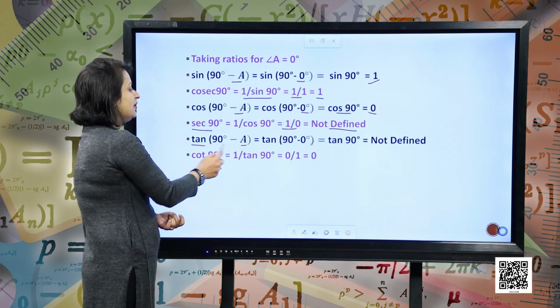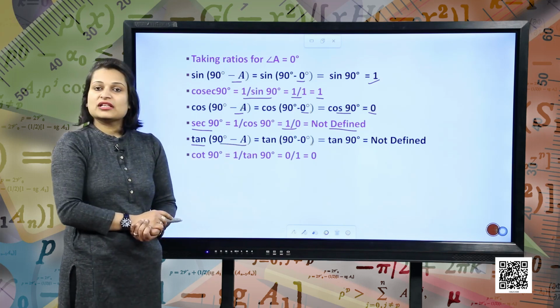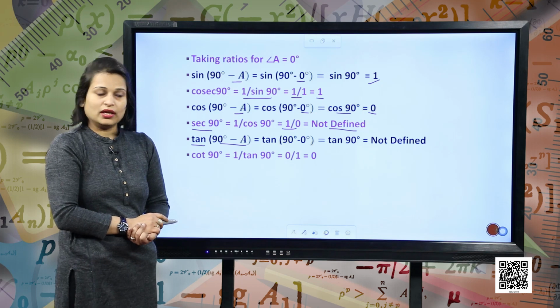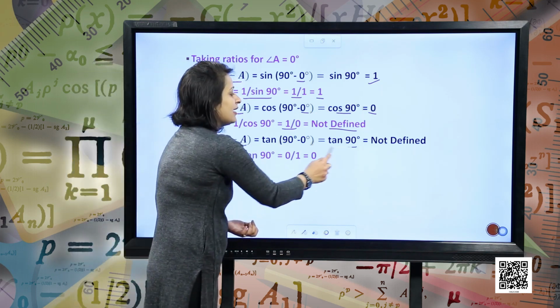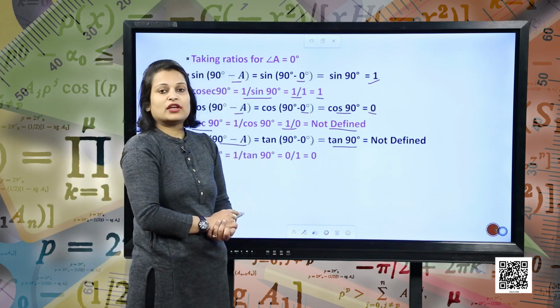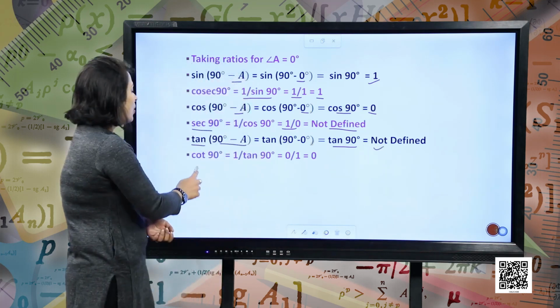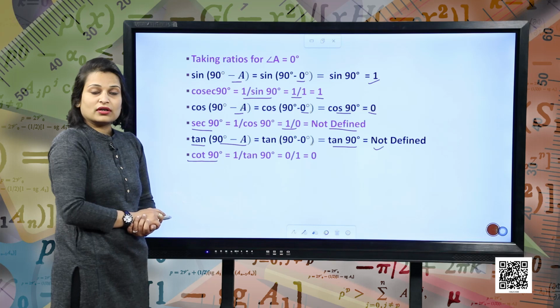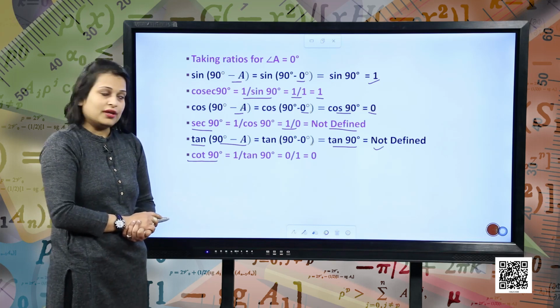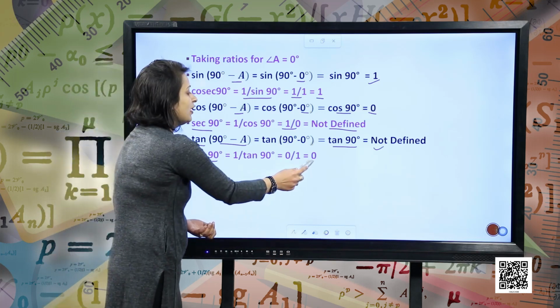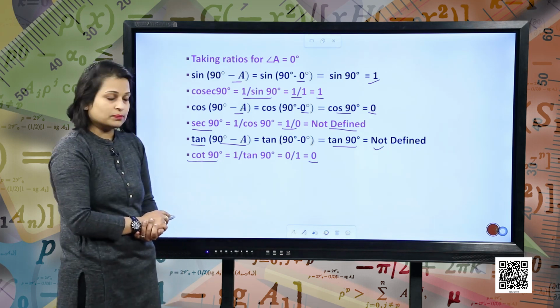Now tan of 90 degree minus A is what? In place of A, you need to write 0 degree. So what will you get? Tan 90 degree, and you know the value of tan 90 degree is what? Not defined. So cot of 90 degree is what? 1 upon tan 90 degree. So 0 upon 1 will give you 0.